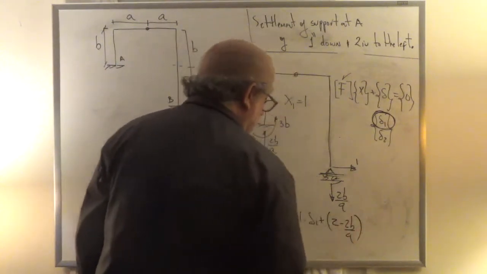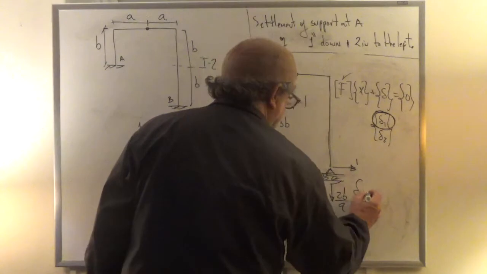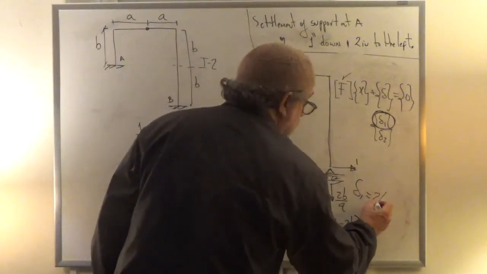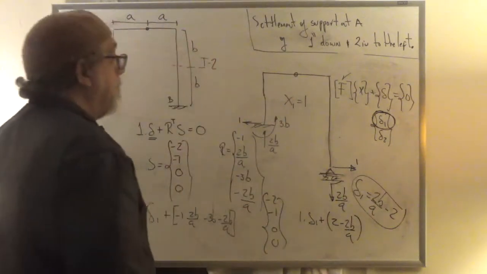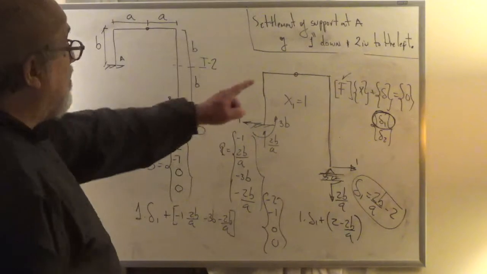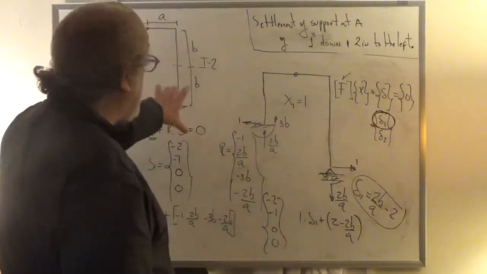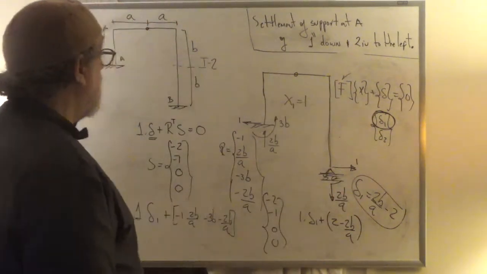So that's it, right? So I find that delta 1 is equal to 2b over a minus 2. Okay? So of the two numbers that we need to complete this problem, when we have the flexibility, that's the first one, 2b over a minus 2.